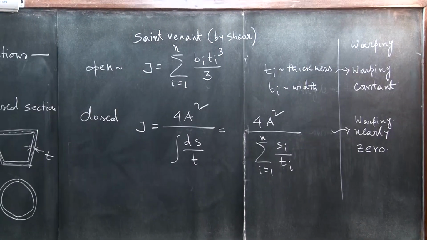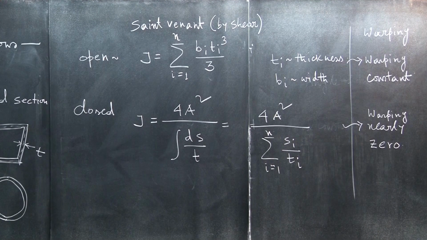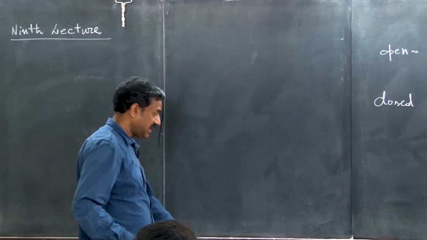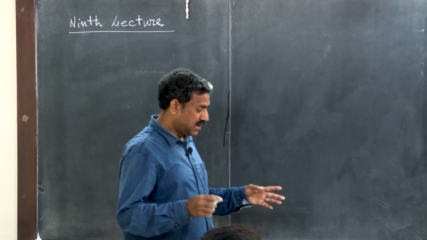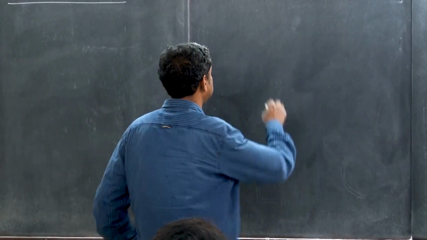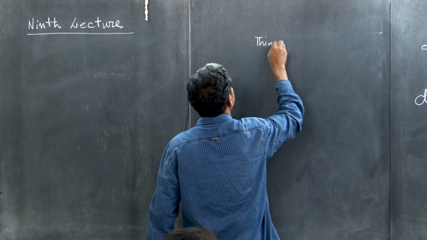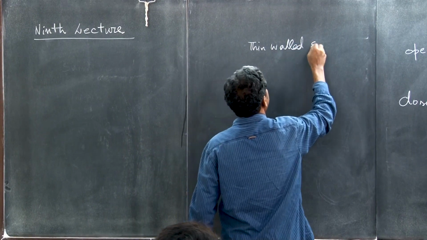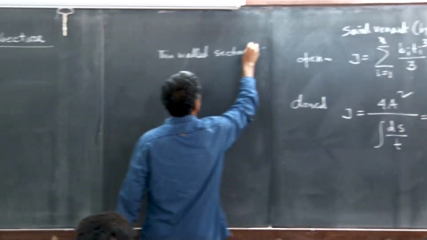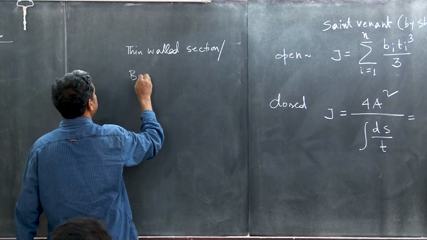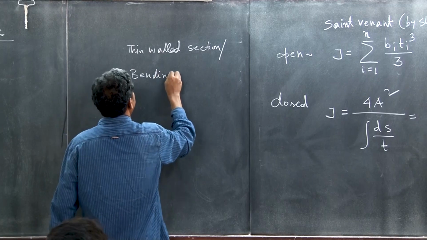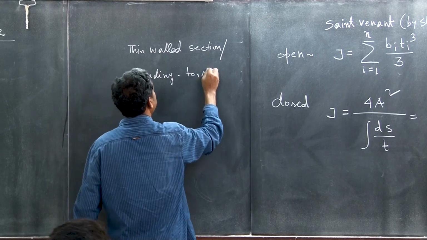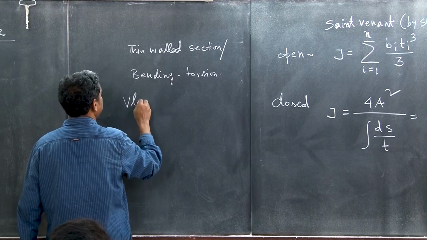So, having said that, I am just removing this part. I do not know how it was discussed, but you may recall that for the thin wall section, if you consider the combined bending and torsion theory, this is described by Vlasov theory.